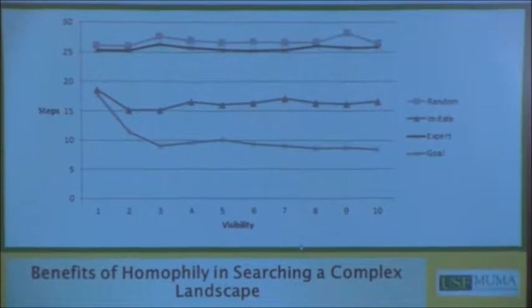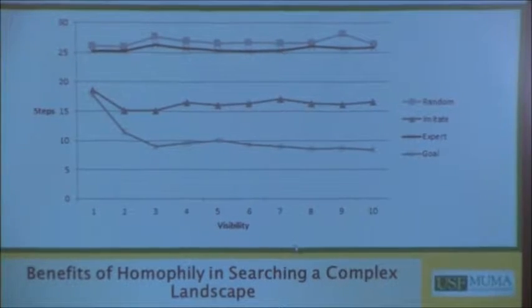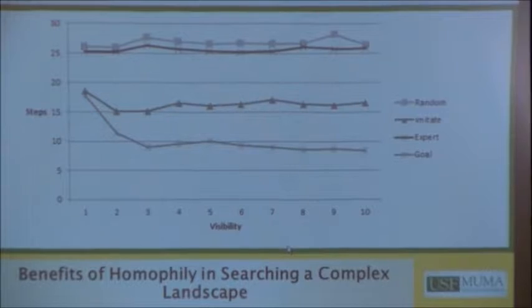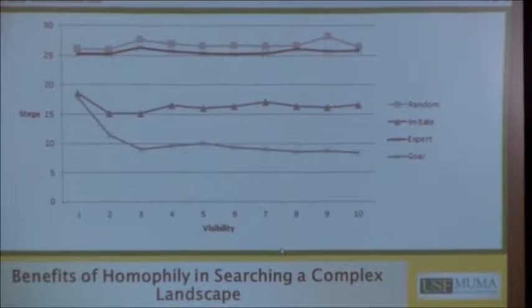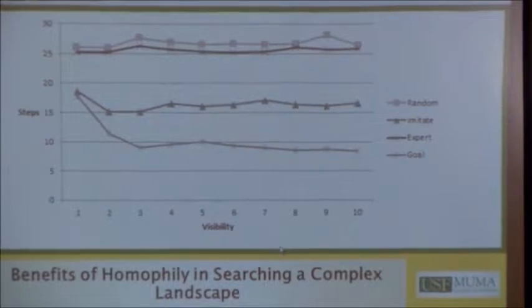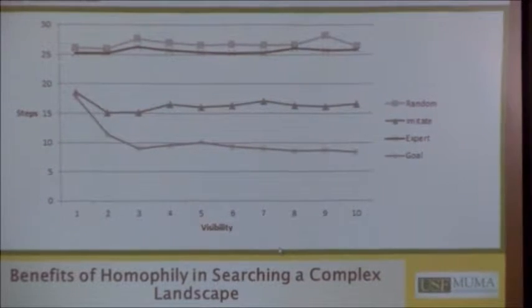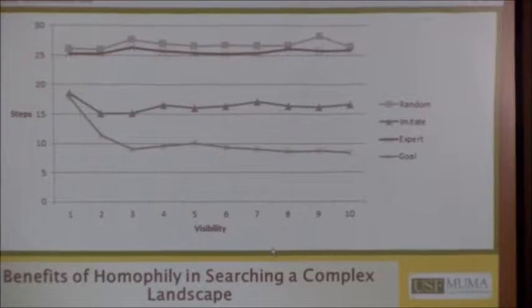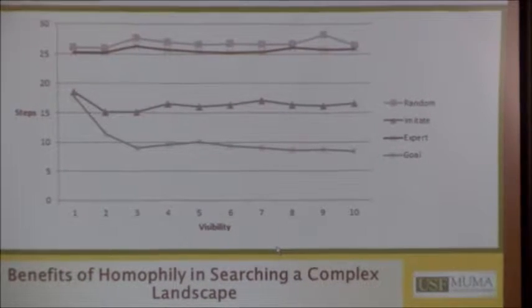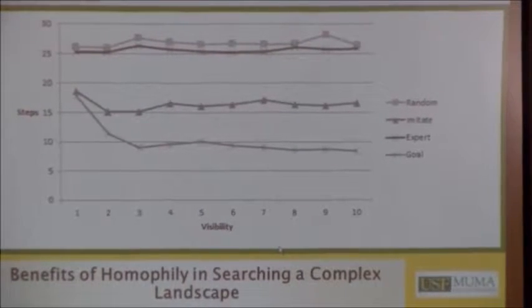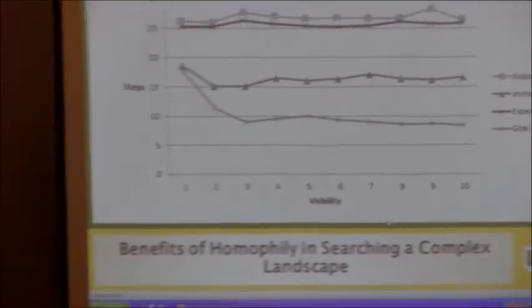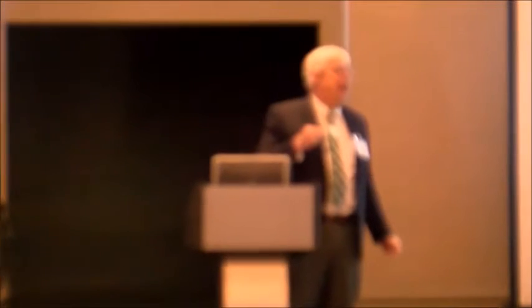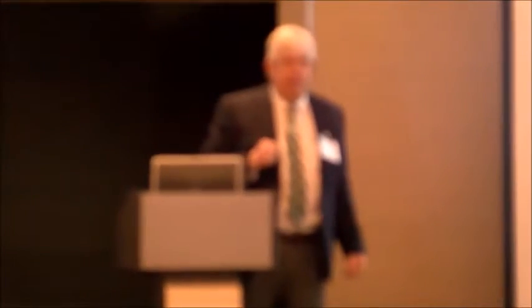We had a variety of different scenarios. The expert scenario used regression to try to figure out what the best peak was. But the most effective scenarios, the ones that got you to a peak fastest and had the highest cumulative fitness, were the imitate scenario and the goal-driven scenario, where the principal input we used was looking at your neighbors and seeing which of your neighbors were doing better and moving towards them.